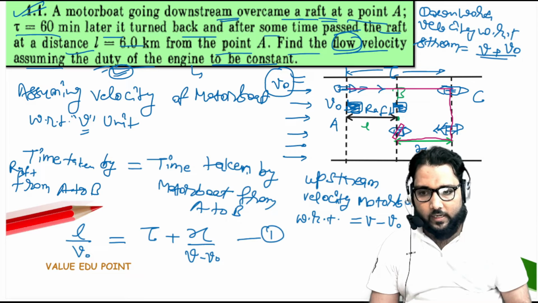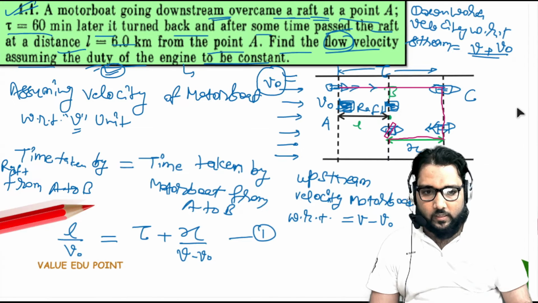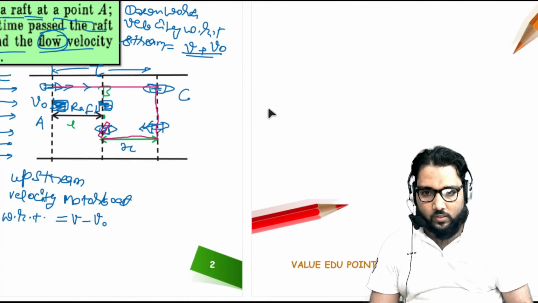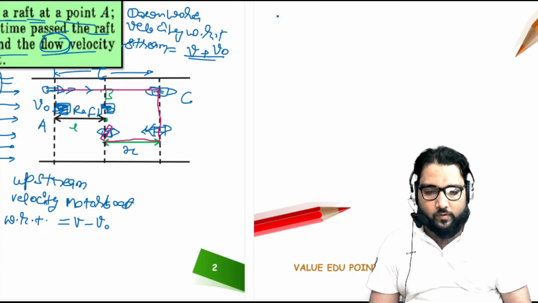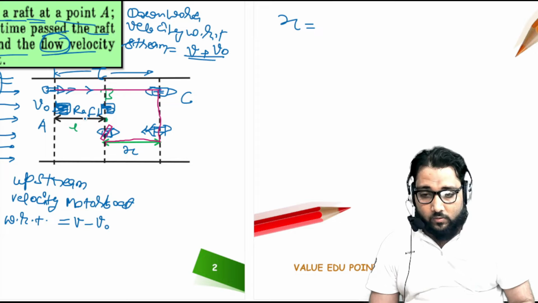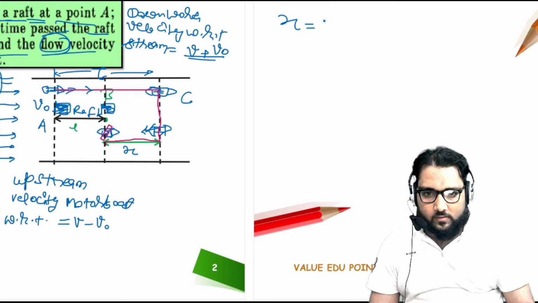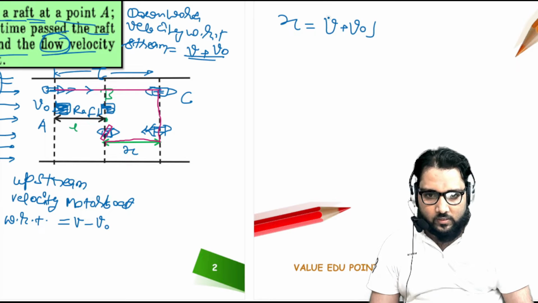Now how can we calculate x? See guys, look at this very carefully. It is a very good question. Now see how we calculate x. We can calculate this distance: distance equals velocity into time, and the motorboat velocity in the downward direction is v plus v naught, and the time is tau.